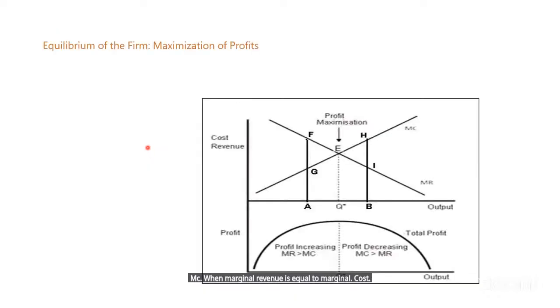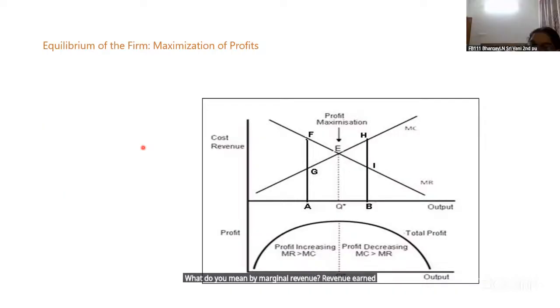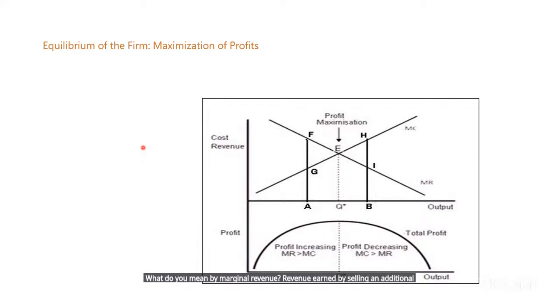What do you mean by marginal revenue? Additional revenue earned by selling an additional output. And what is marginal cost? Expenses incurred by producing an additional output. So when MR is equal to MC, then a firm is enjoying the maximum profit.